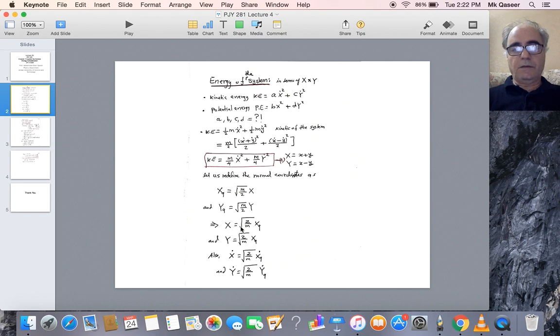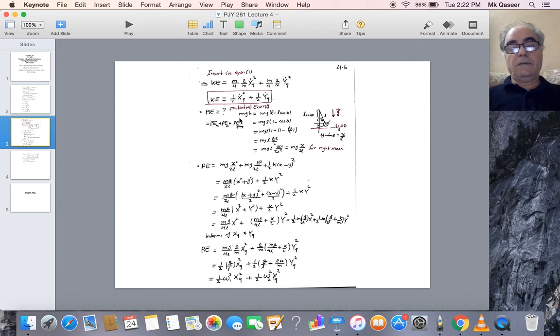X capital equals square root of 2 over m times X capital sub q, and Y capital equals square root of 2 over m times Y capital sub q. Take the derivative. We get for X dot capital equals square root of 2 over m X dot sub q, and Y dot capital equals square root of 2 over m Y dot capital sub q.